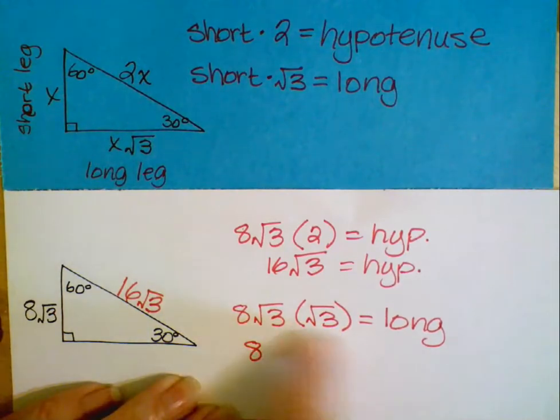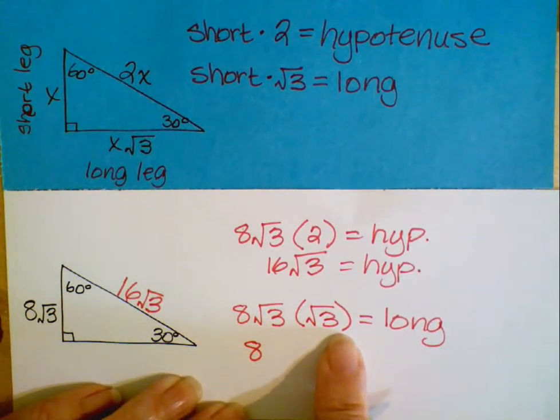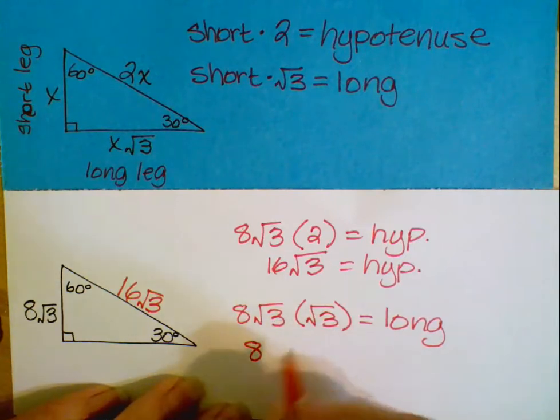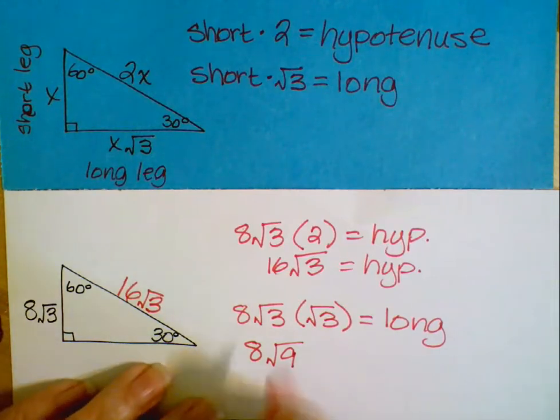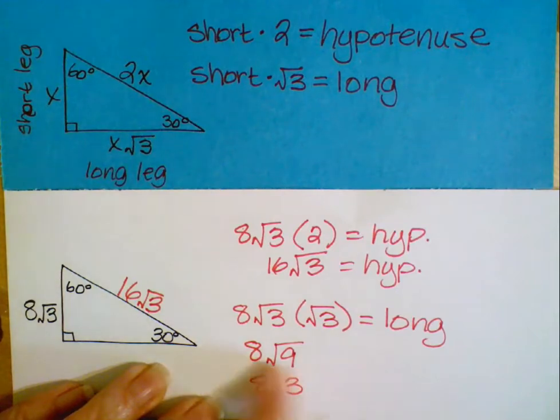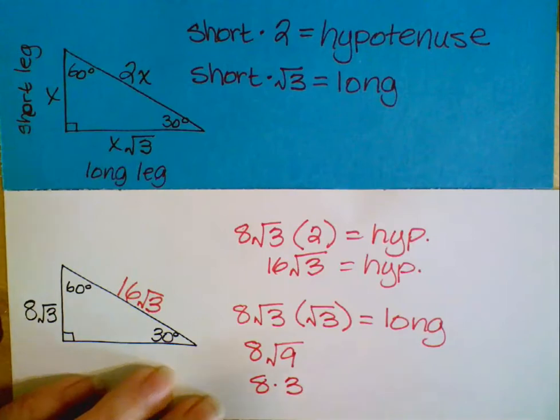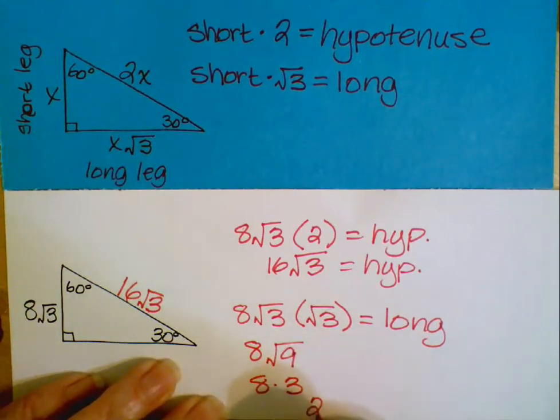Now consider what happens when we multiply the square root of 3 times itself. The square root of 3 times the square root of 3 produces the square root of 9, which can be simplified. So the square root of 9, we know that that is simply 3. Remember, these are being multiplied together. So we're taking the 8 times the 3, which tells us the length of the longer leg would be 24.